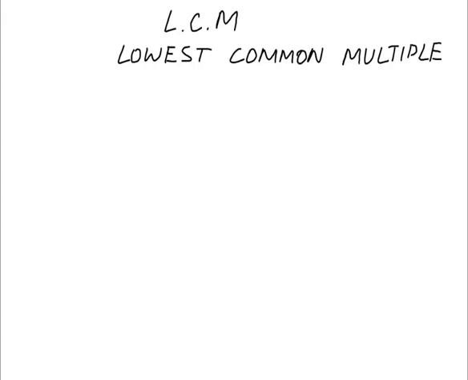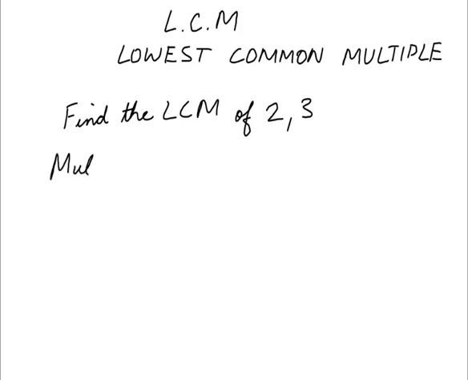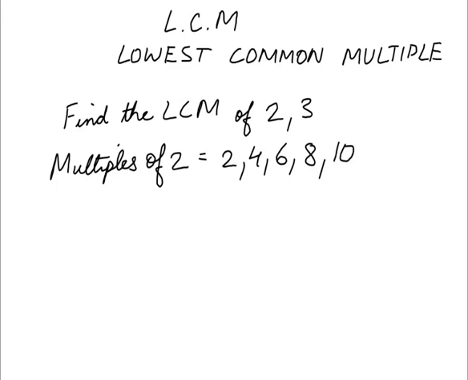So suppose the question is, find the LCM of 2 and 3. So first, let us write some of the multiples of 2. So 2 ones are 2, 2 twos are 4, 2 threes are 6, 2 fours are 8, 2 fives are 10.